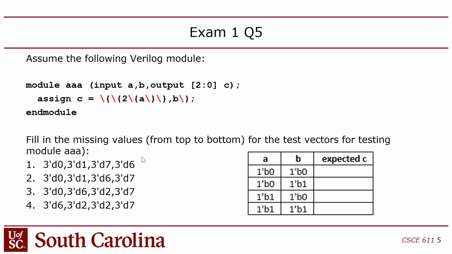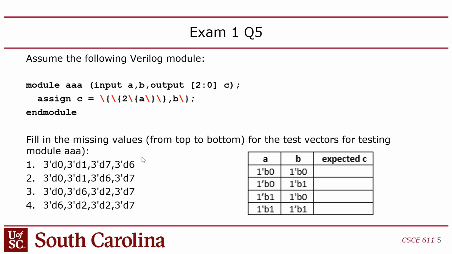If it's 0, 1, then you should have 0, 0, 1. If it's 1, 0, it should be 1, 1, 0. And for 1, 1, it should be 1, 1, 1, right? So that should be the values in the 3rd column there. And then I have them encoded as literals in decimal, right?